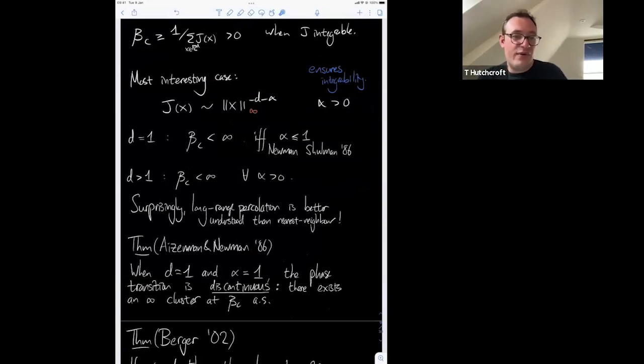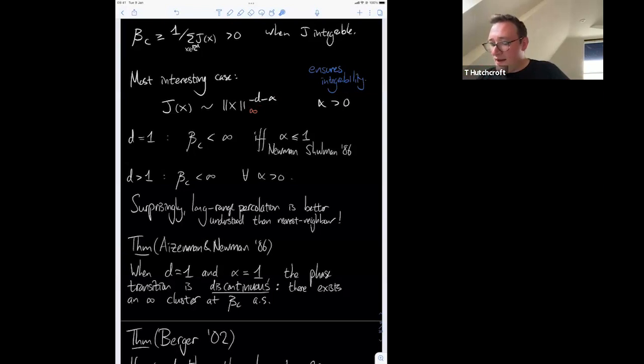One reason to write it this way is that it agrees with the usual notation for Levy processes. You should think of this alpha as being the same alpha as in the alpha-stable Levy process, if you know that stuff. If you don't, it doesn't matter. Also, alpha being positive is precisely the condition you need for this to give you something integrable. That's why it makes sense to work with powers bigger than d here.